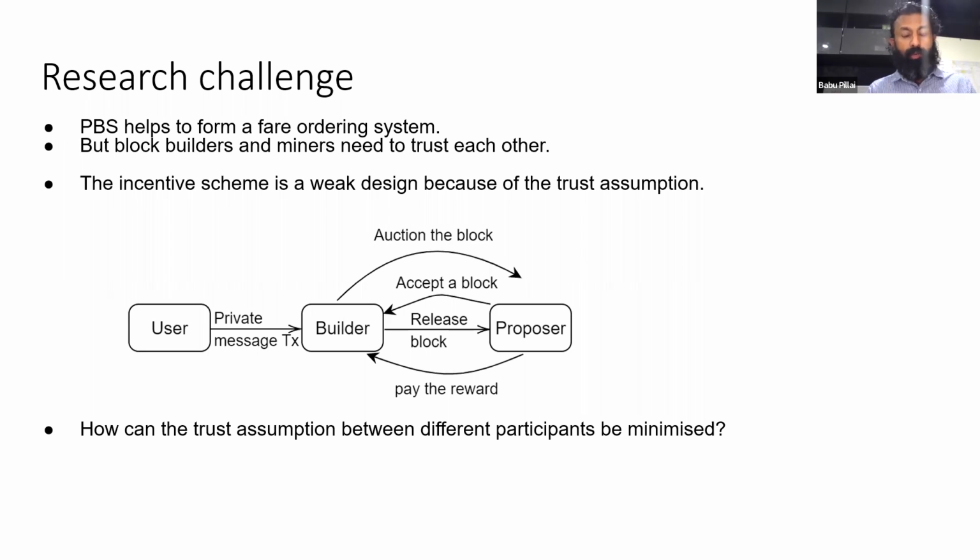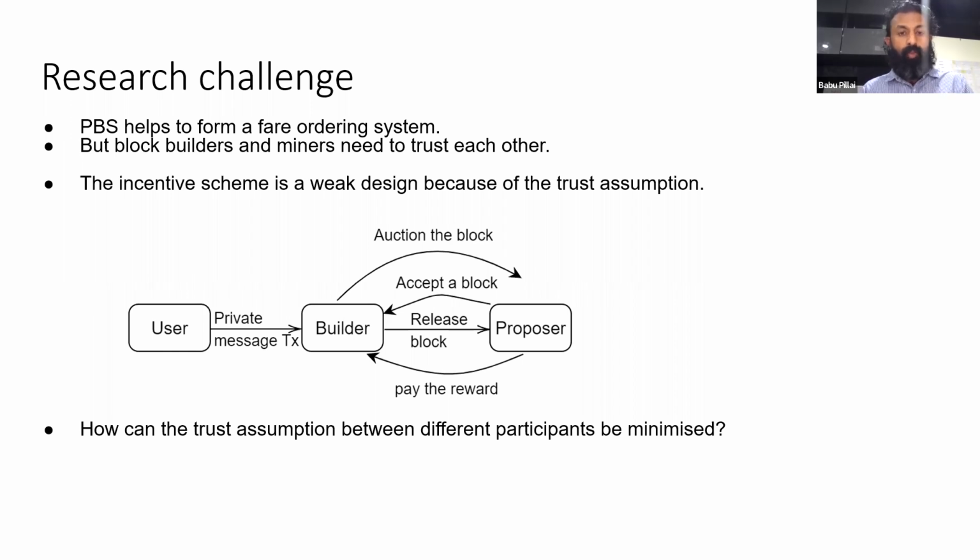Now, I'll explain how the currently proposed incentive scheme works. The user sends a transaction to the builder, and the builder builds the block. The builder will say to the proposer, look, I got this block, do you want this block, and this block has this much value in there.